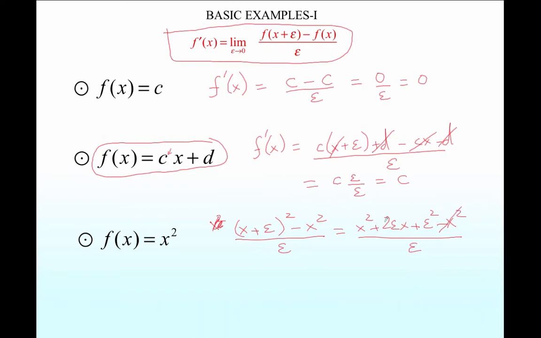Notice that the x squared cancel, but here we have epsilon, epsilon, epsilon. Let's divide that out. So that gives us 2x plus epsilon. But since epsilon is going to 0, we can just forget about this. And so the result is that f prime of x is equal to 2x. The derivative of this function at the point x is 2x.